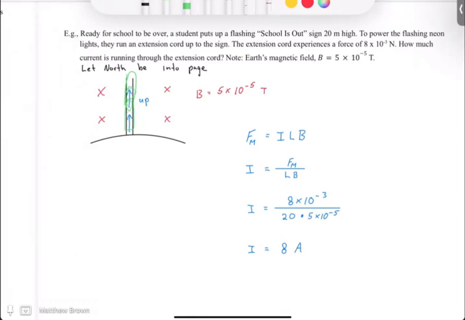That means the force on this thing would actually be to the left. It would be kind of neat. You'd see it headed west. You'd see this wire move a little bit to the west when you turned it on, which would be kind of interesting. And we figured out the current, so I guess that's it.